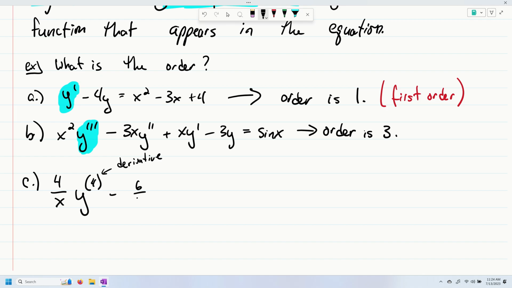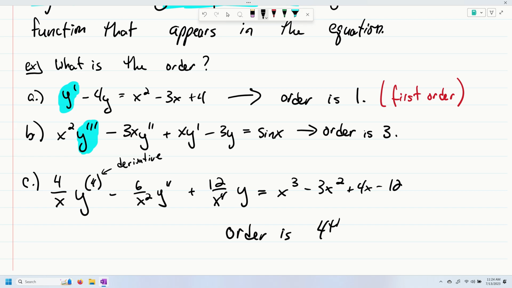Minus 6 over x squared, y double prime, plus 12 over x to the 4th y equals x to the third minus 3x squared plus 4x minus 12. And this order is fourth order. And the reason is this right here. And remember, from here on out, when you have an exponent, or at least it looks like an exponent, but it has those parentheses around it, that is considered to be a derivative.